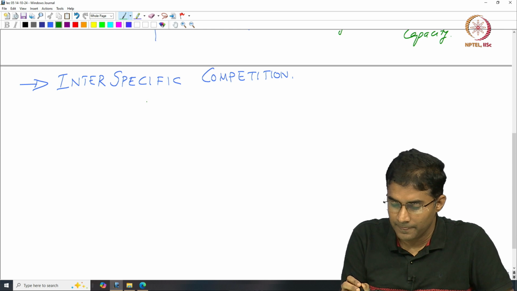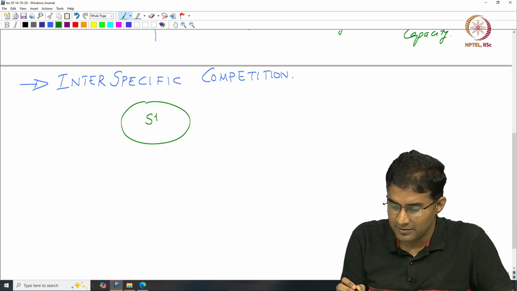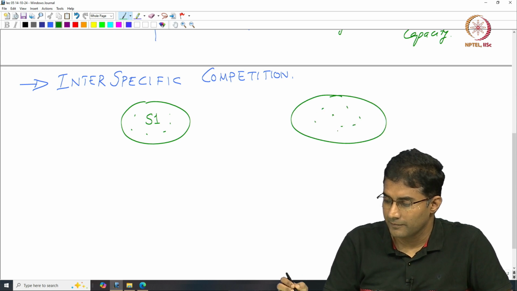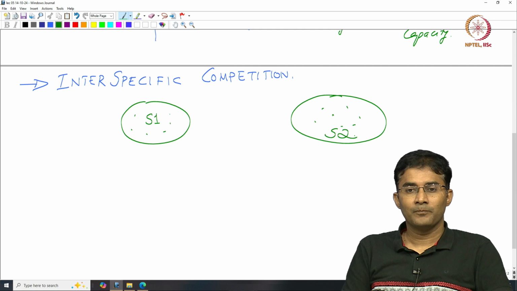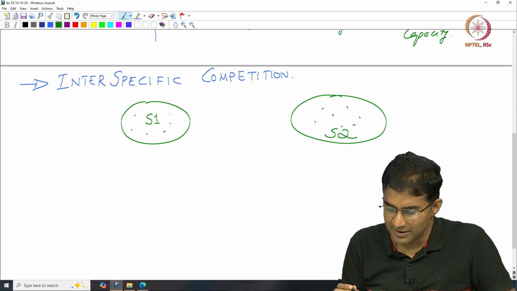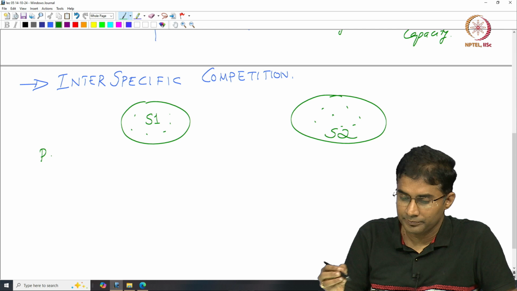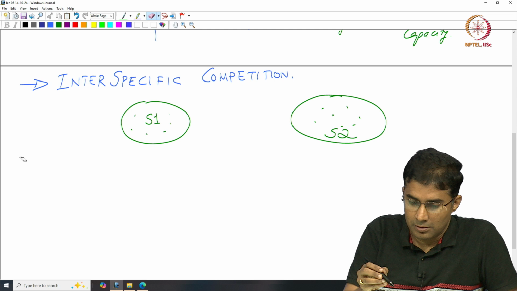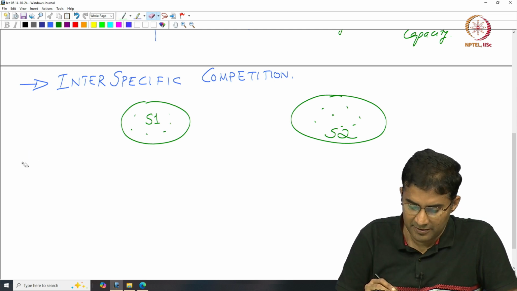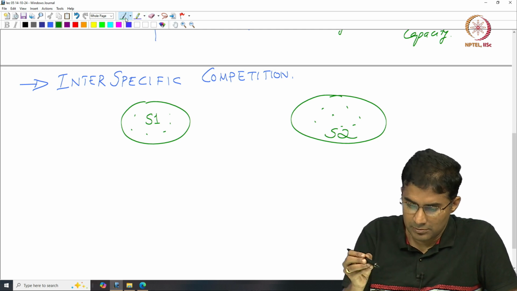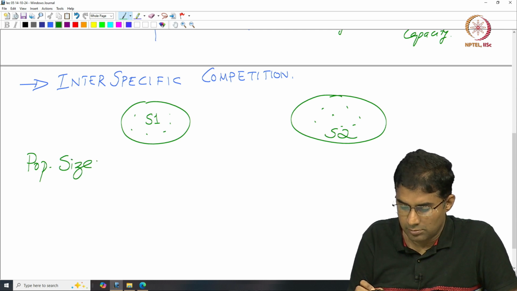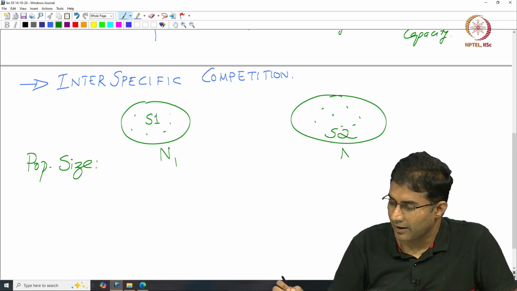Let us call them S1 and S2. Okay. Let us say that the population sizes of these are given by N1 and N2.